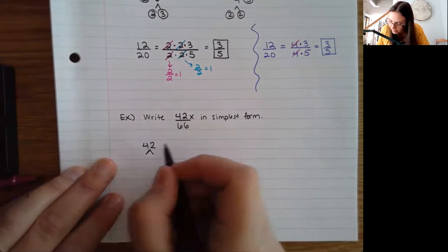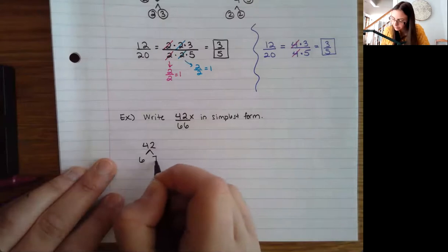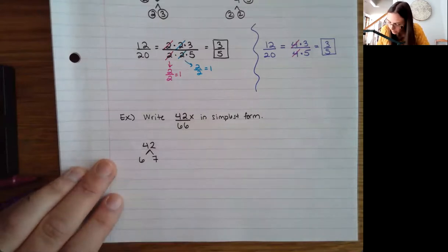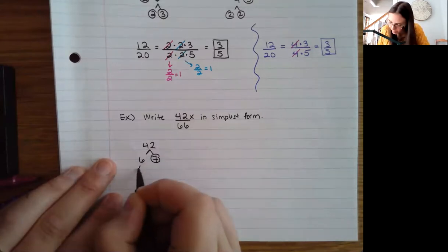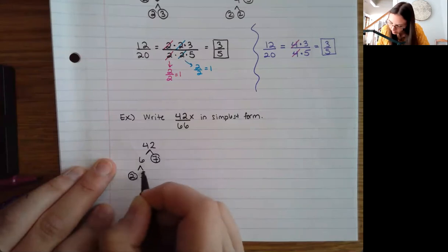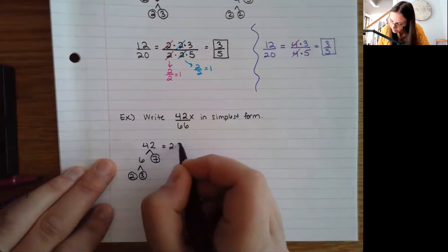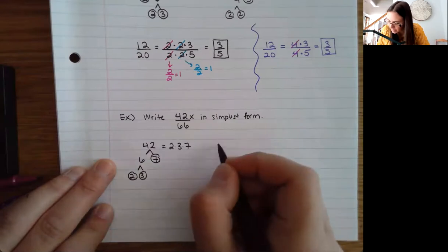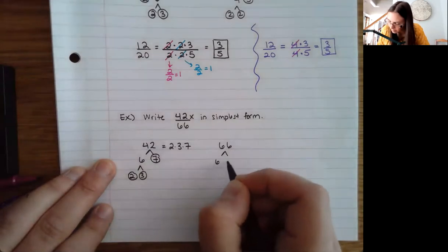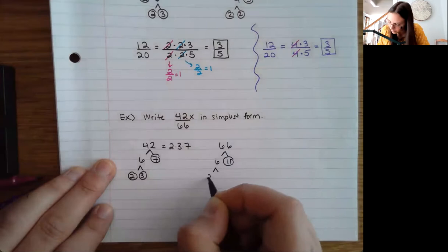So for 42, I'm trying to think through my factors here. So I have this as 6 times 7. And 7's prime, but 6 I can break down into 2 times 3. And then for 66, I have 6 times 11, and then 6 is 2 times 3.